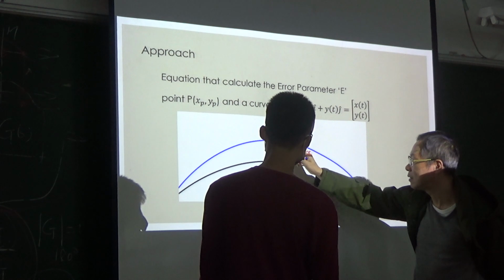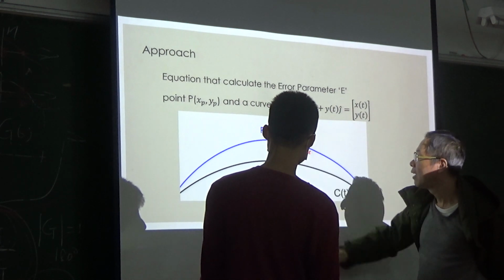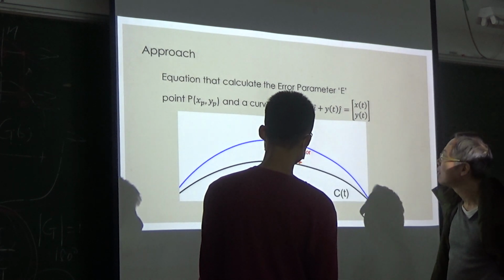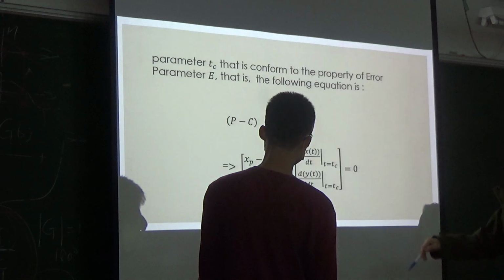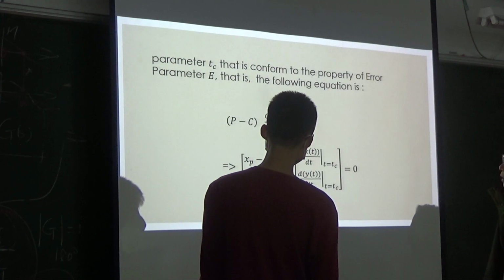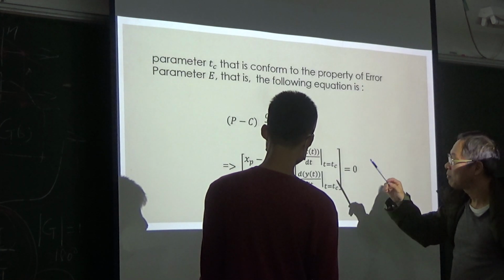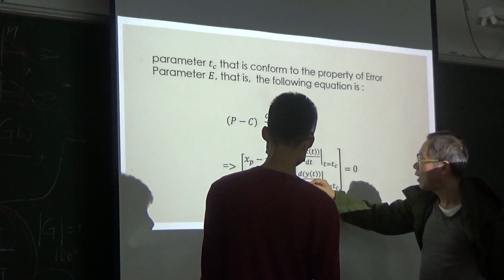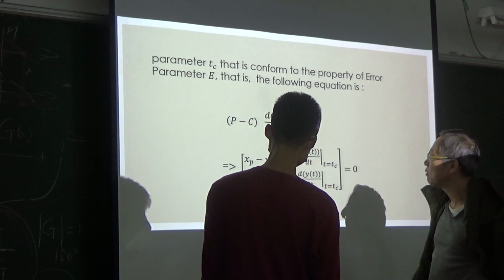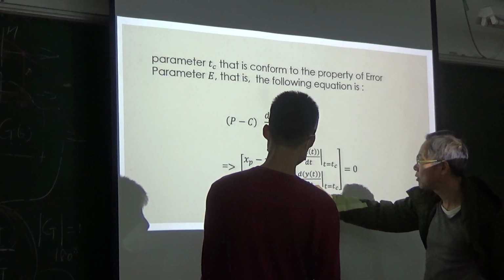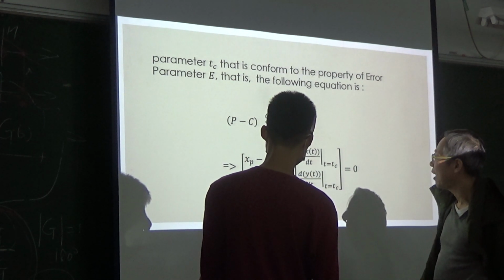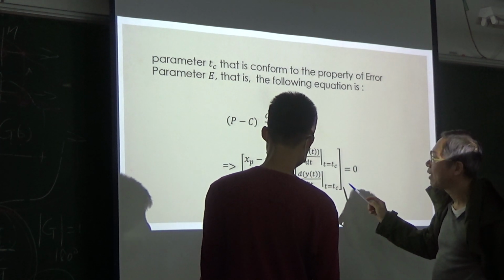And p minus c is this one. Okay? And then you found the next. You want to find which TC will make this 0.